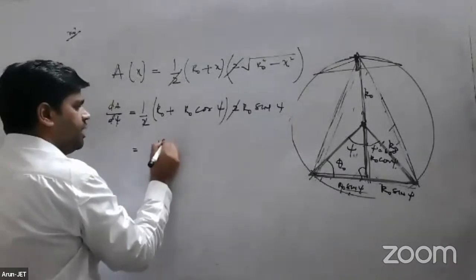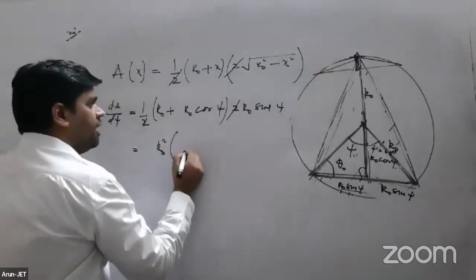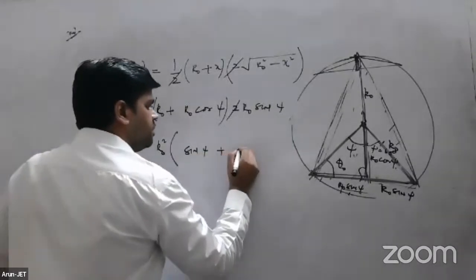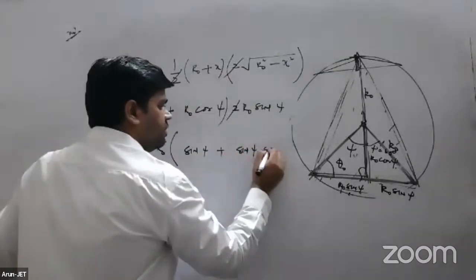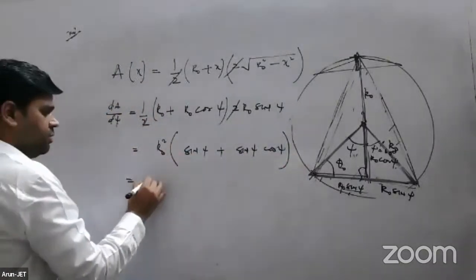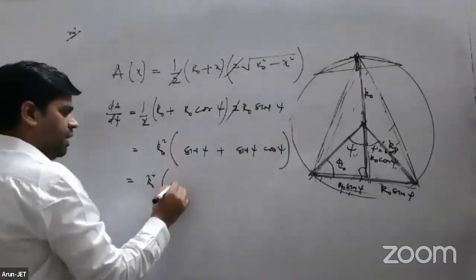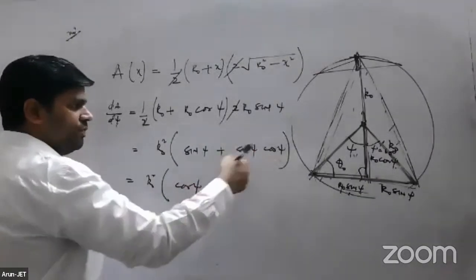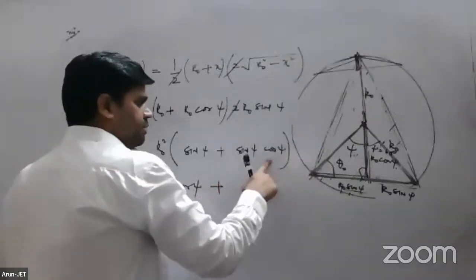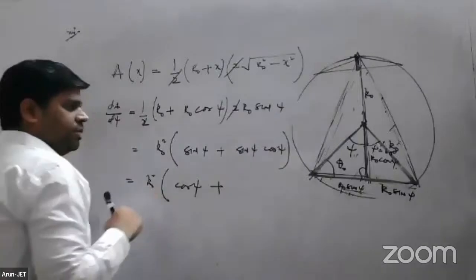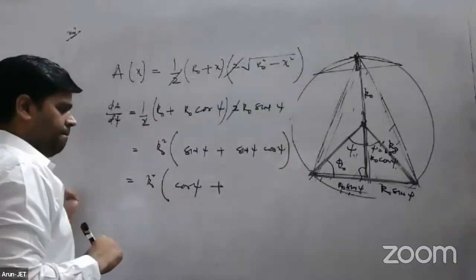So I'll get r naught square common, and I'll have sin psi plus sin psi cos psi. Now I differentiate this. So r square times this becomes cos psi plus, I differentiate this using the UV rule: this times derivative of this plus this times derivative of this. So what do I get?